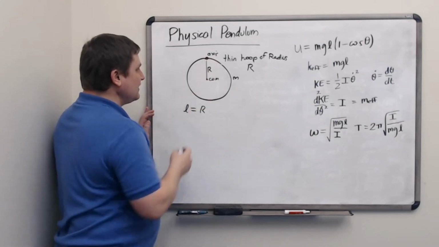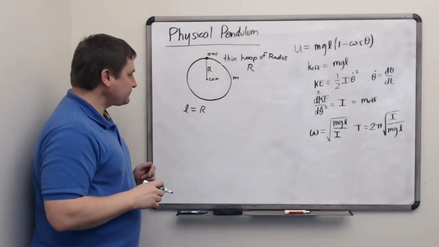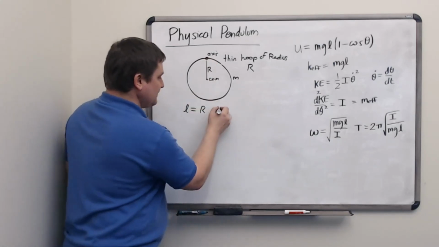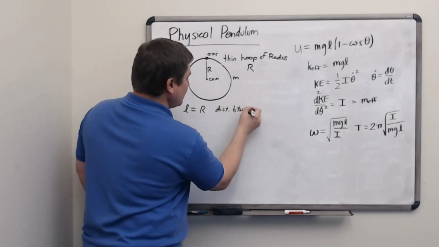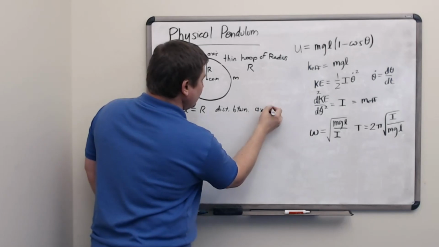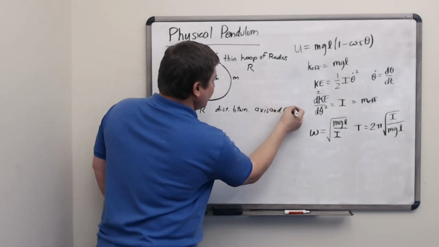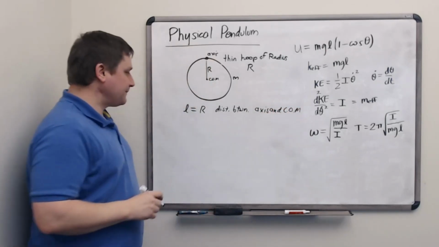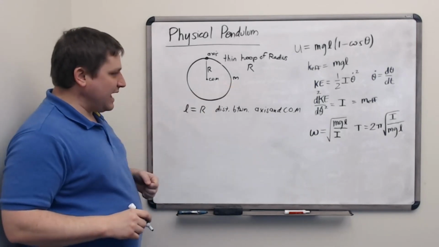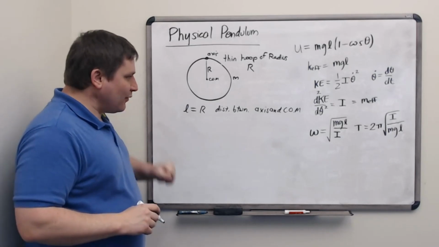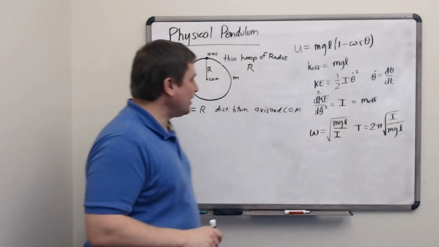That's the distance between the axis of rotation and the center of mass. Right? The total mass is just specified as m, but we do need to figure out the moment of inertia of this object.